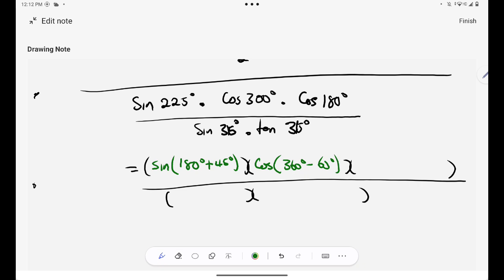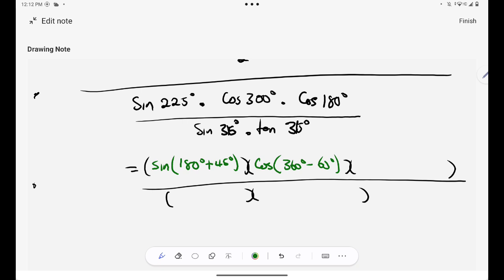I know that this will give me 300. And then 180: we could say 180 degrees minus 0, but this one you just leave it like this, now, guys.